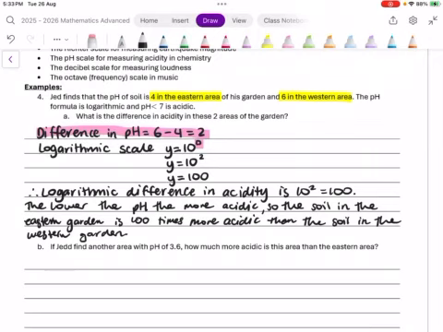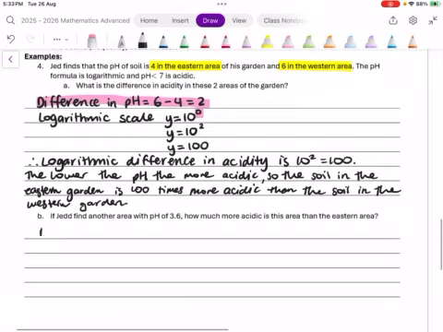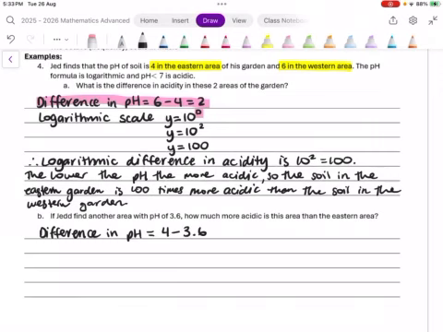If Jed finds another area with a pH of 3.6, how much more acidic is this area than the eastern area? Again, we have to work out our difference in pH, which is our eastern area, 4, minus 3.6 of the other area, which is 0.4.